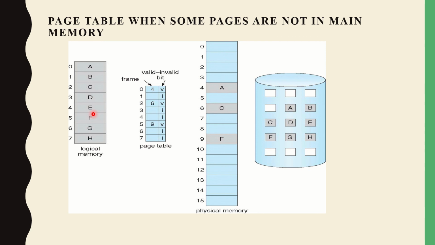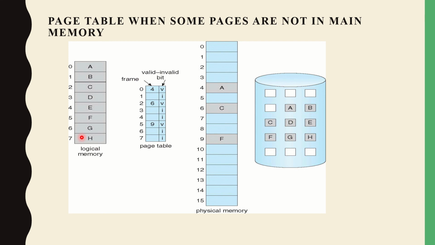So this is your physical memory, or your main memory, and this is your secondary storage device, and this is your logical memory. Secondary storage actually uses the concept of logical memory.